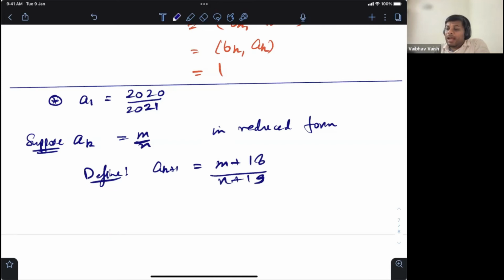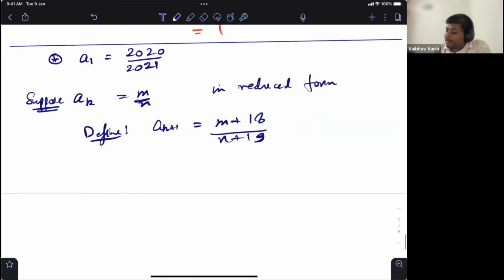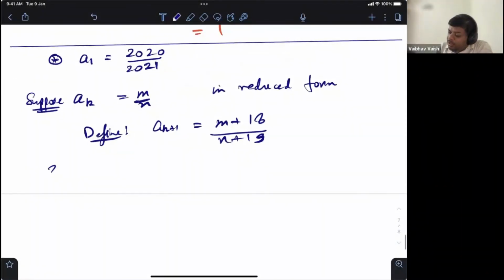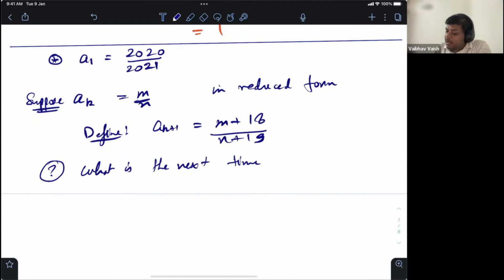Then the question is, what is the next time AK equals T by T plus 1, for some integer T?